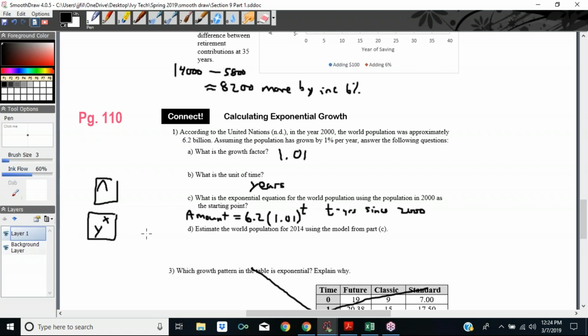So we'd have y equals, we're not going to type that in the calculator, but the next part, 6.2, 1.01, then the caret button, and then the number of years, which is 14. Thanks, Caitlin. Make sure that you can put that in your calculator correctly, because if you can't, we want to resolve that right now. You should get 7.13-ish. And remember that this initial value was in billions, so we need to put this as billions.